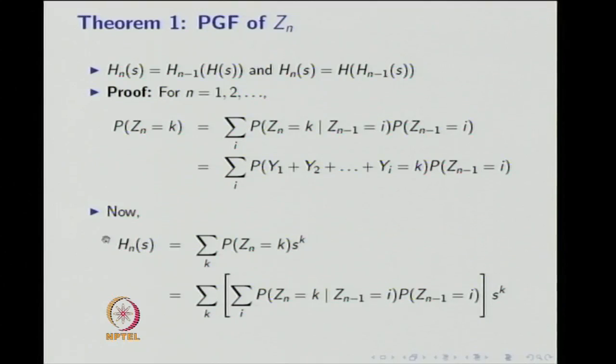Now we will go for finding out the probability generating function for the random variable zn. Substitute probability of zn is equal to k from above in this equation.